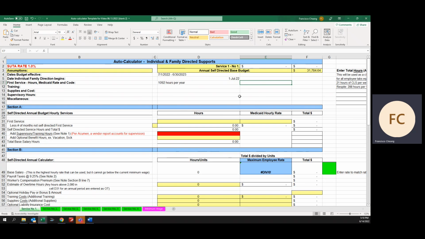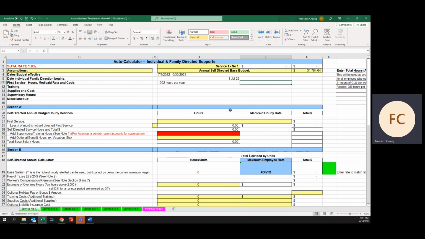So the service unit for community living and support, according to our max pay rate sheet, and be mindful, max pay rate sheets can change during the life of the ISP. So always make sure that when you are filling one of these auto calculators out, or you're calculating your budget, that you work with your community navigator, your care coordinator, or your fiscal agent to make sure that you have the most up-to-date max pay rate sheet.